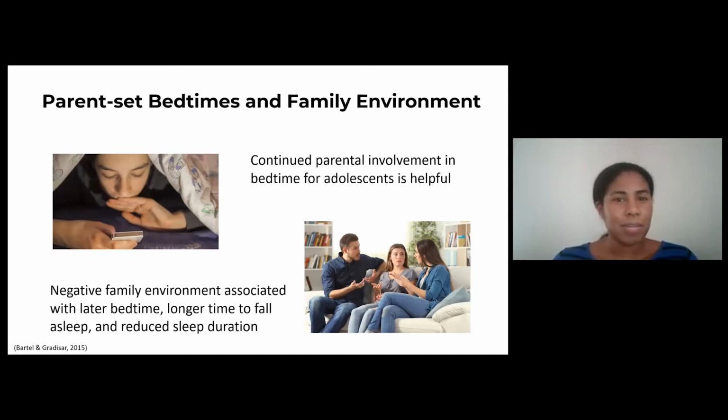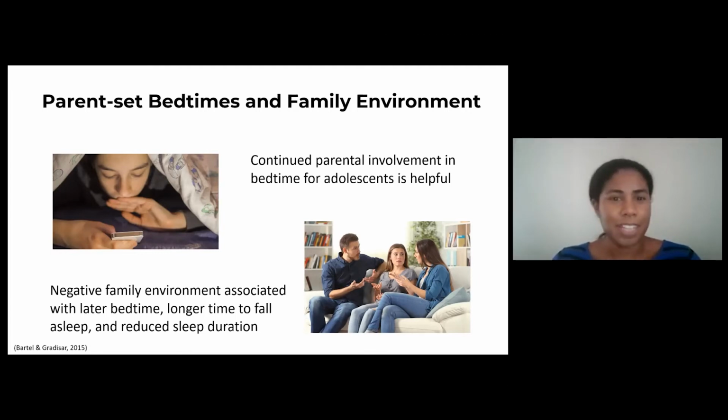Another thing to think about, it's not obviously relevant for young adults, but at least a bedtime issue, is parents at bedtimes. Studies have shown that parental involvement in bedtime for adolescents is ultimately helpful.